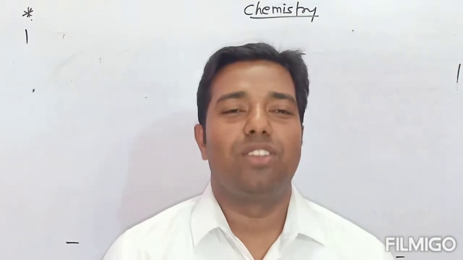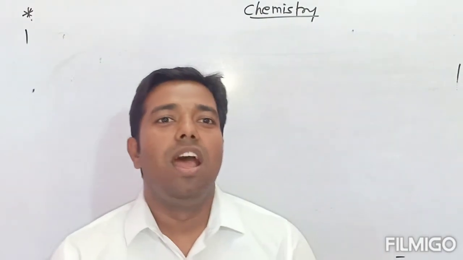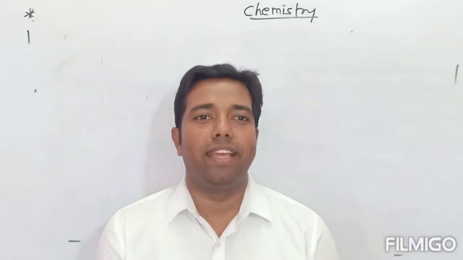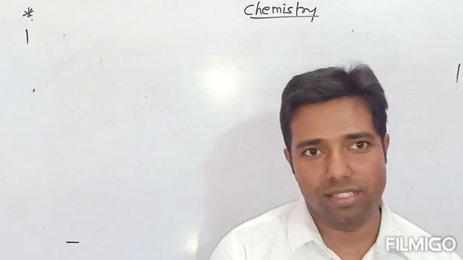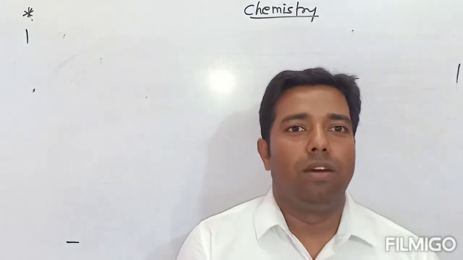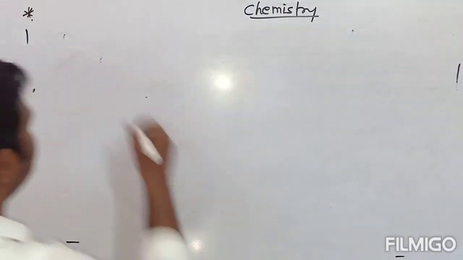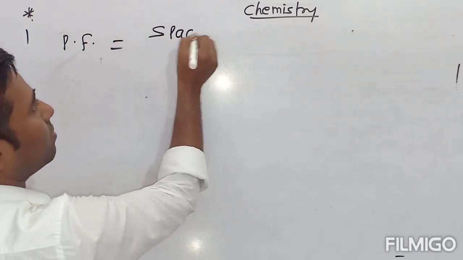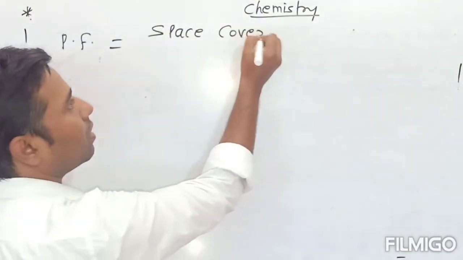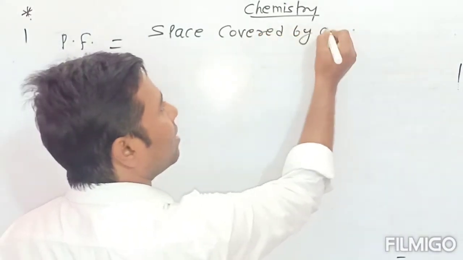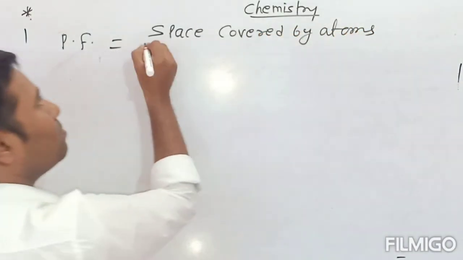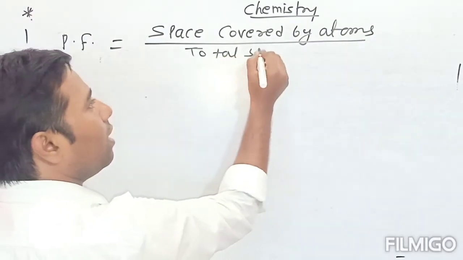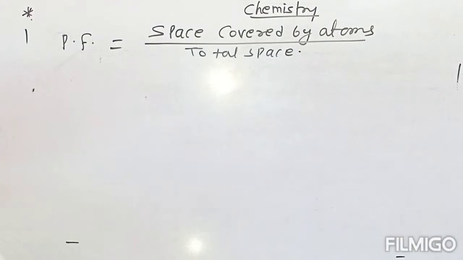Hello students, today we are going to discuss how to find the packing fraction of hexagonal closed packing in three-dimensional space. As you know, the formula of packing fraction is the space covered by atoms upon total space.